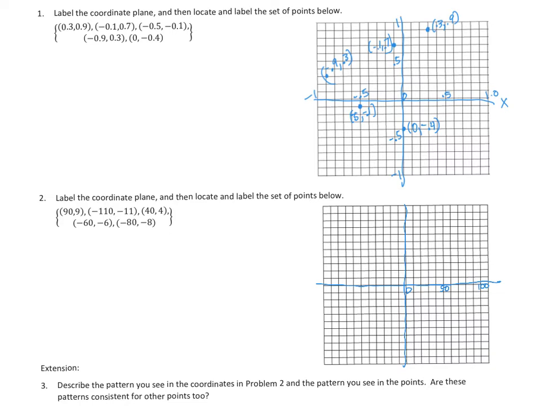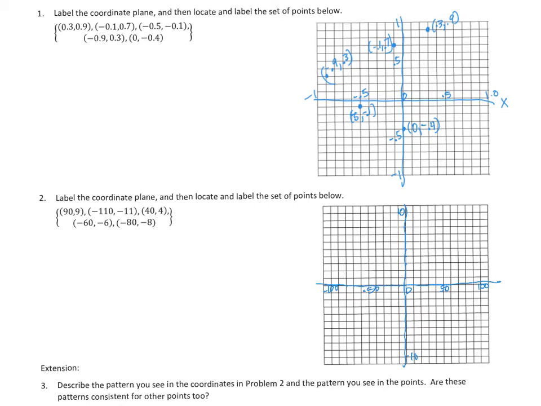Then negative 50, 60, 70, 80, 90, negative 100. Okay, so I got the big numbers done. Then is the other just going to be 1, 2, 3, 4, 5, 6, 7, 8, 9, 10, and then this would be a negative 10.